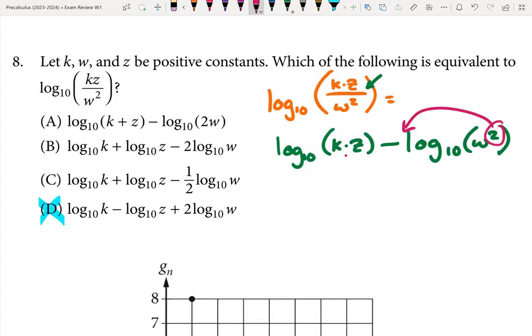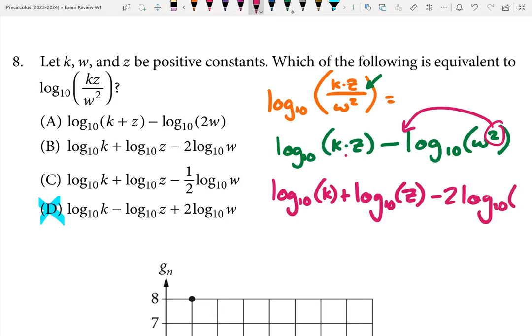Now, I want us to pay attention to A. A has addition, and then the 2 came down. But they did not put it into the separate logs here. We should have addition between two separate logs, log of k plus log of z, and then the power comes in front of the log, not just in front of the w. Okay, so minus 2 log base 10 of w.